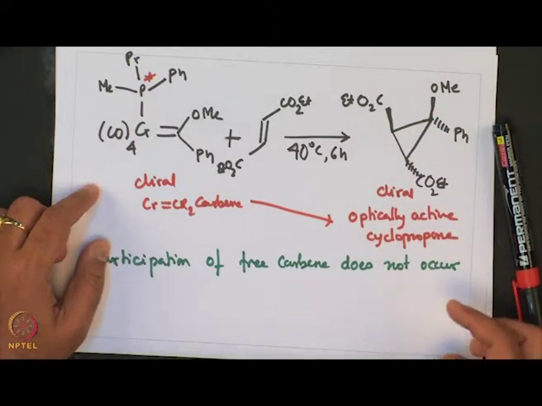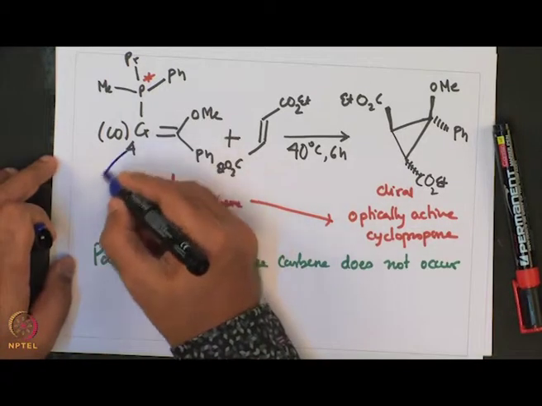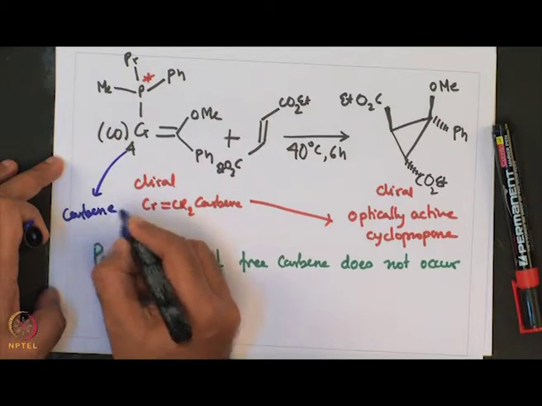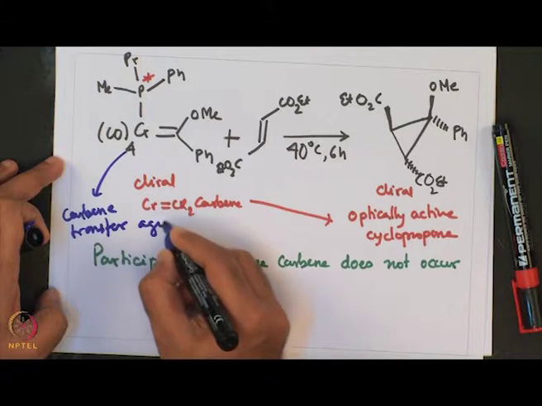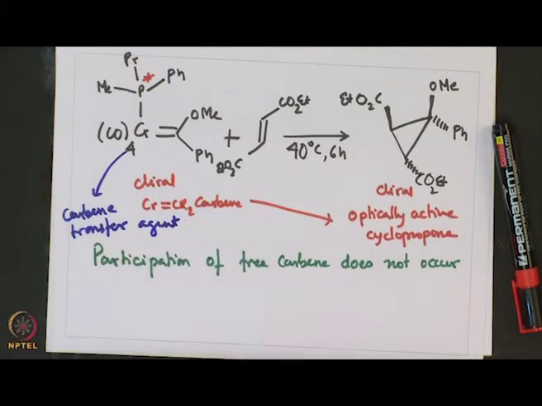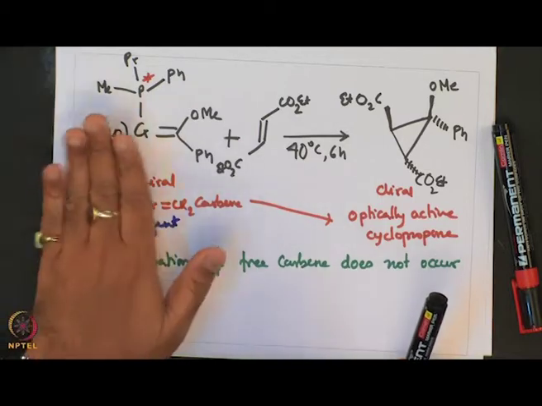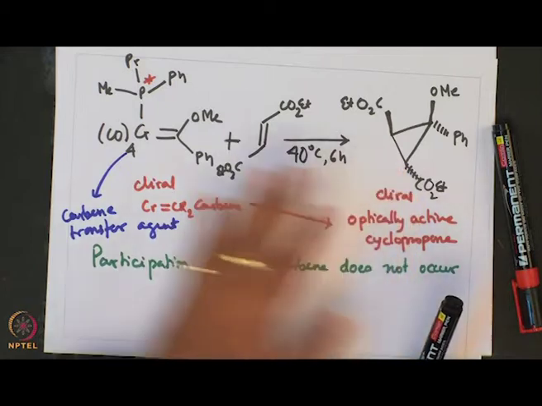Now, this shows that indeed this chromium carbene complex is acting as a carbene transfer agent, because there is a transfer of chirality from the complex onto the substrate along with the transfer of carbene.